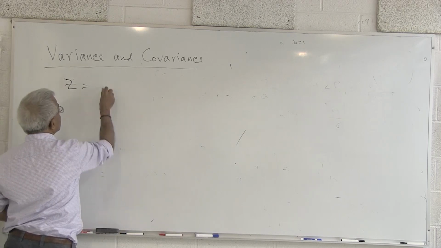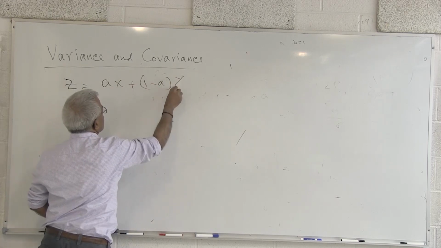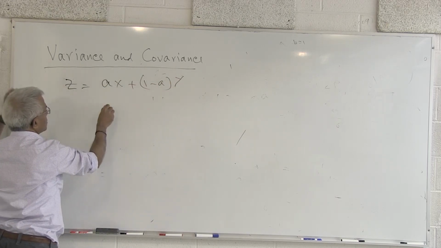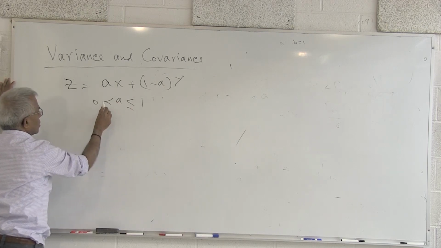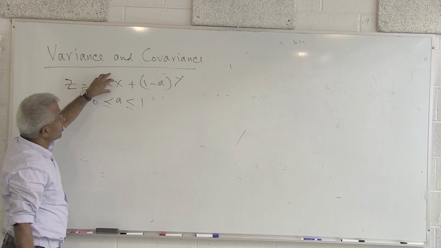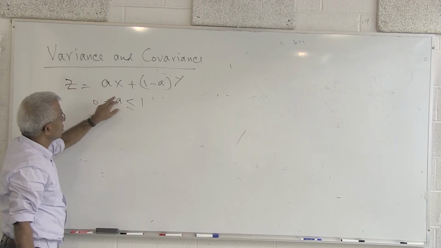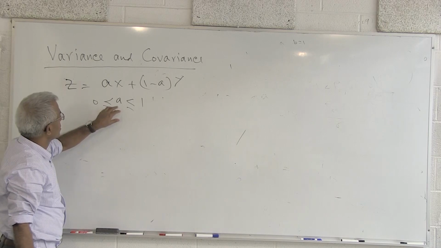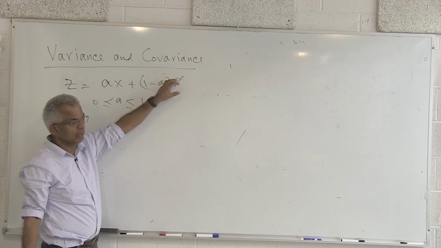So the question is, how do you distribute the money? You want to put a certain percentage, A, here. So A is going to be a fraction between 0 and 1. Whatever is not put here, you put it into Y.